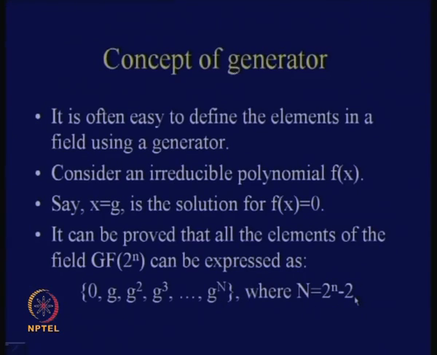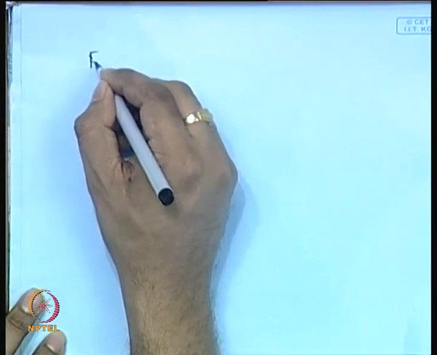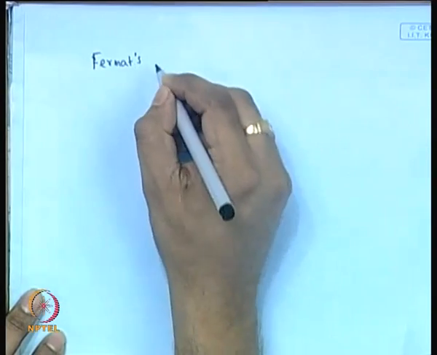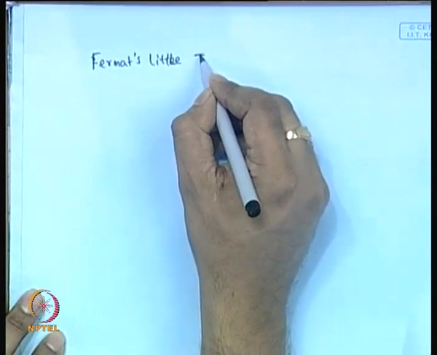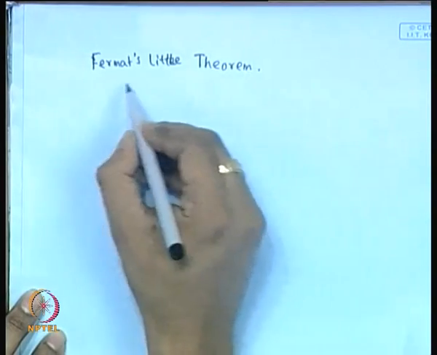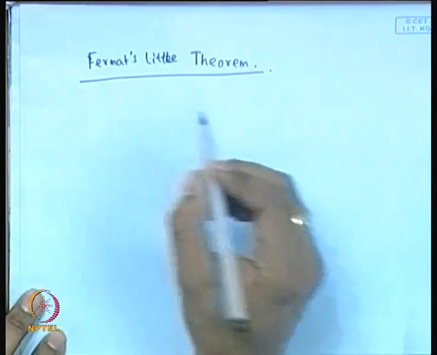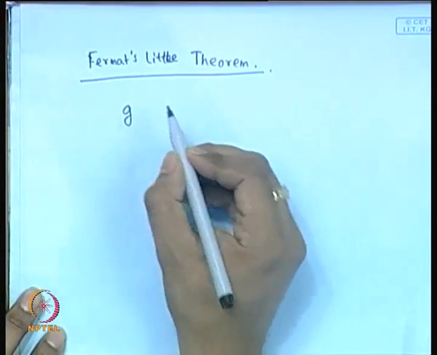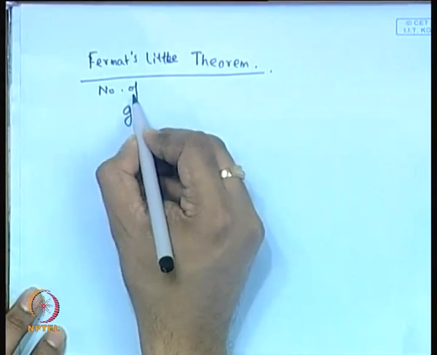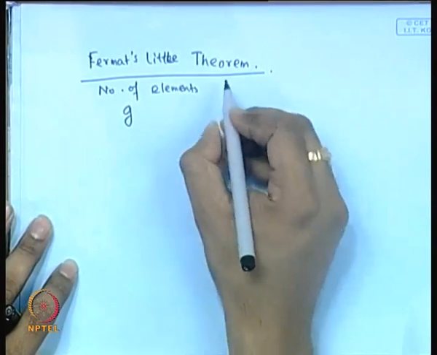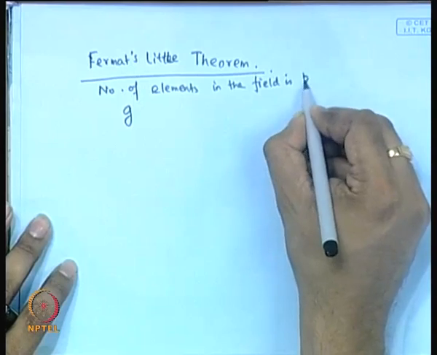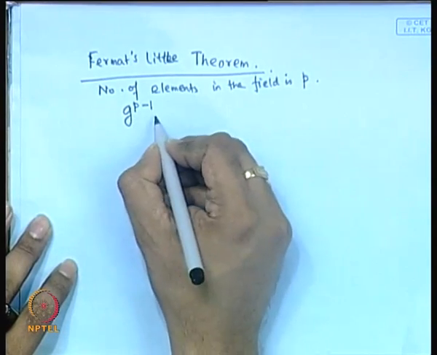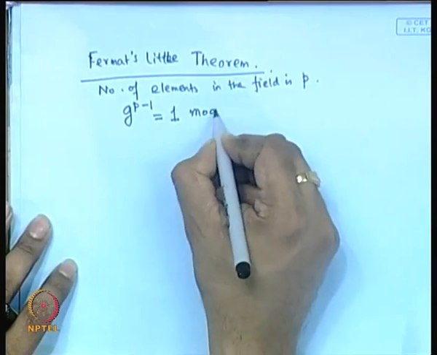there is a theorem called Fermat's little theorem which says that if you take an element G and the number of elements in the field is P, then G power P minus 1 is equal to 1 when you are doing a modulo P operation.